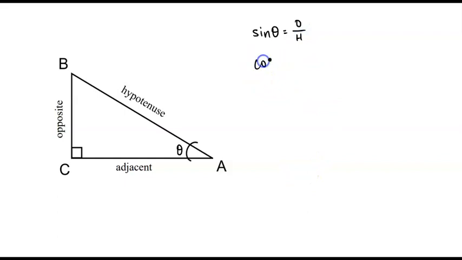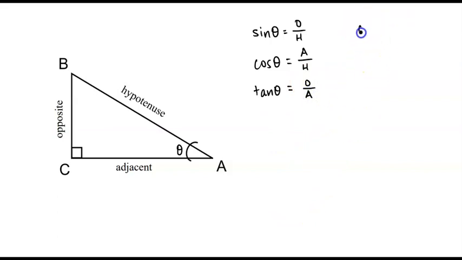The cosine of theta is equal to the adjacent side over the hypotenuse. The tangent of that reference angle is equal to the opposite side over the adjacent. And then we have our other angles here.